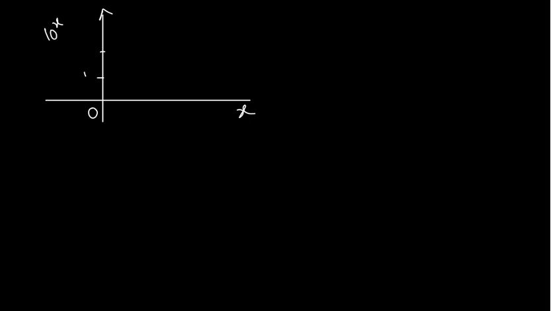This is the graph part of it. When x equals 1 you have the value 10. When x equals 2 you have the value 100. See the difference between this and this. So the graph will go through them like that.